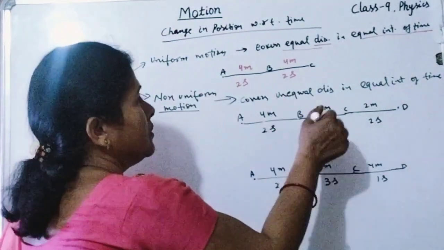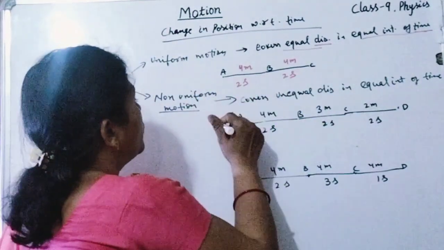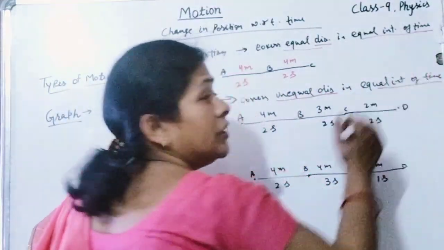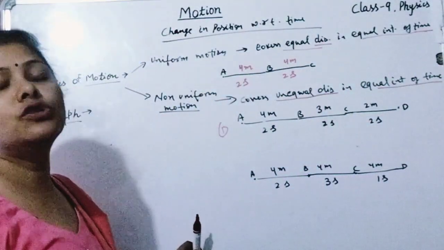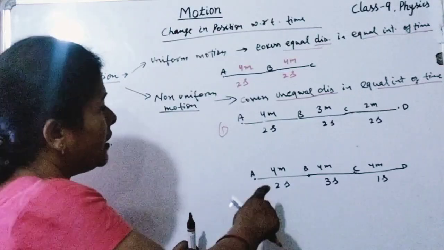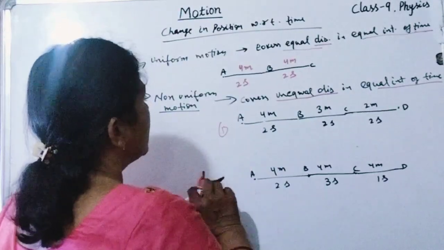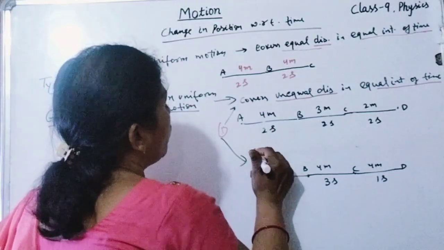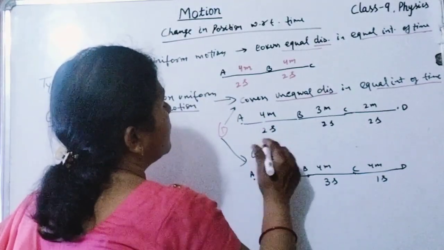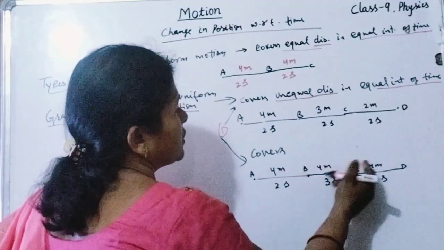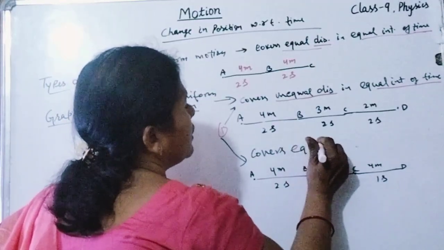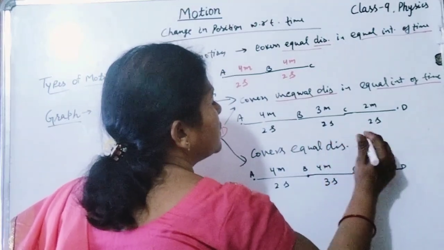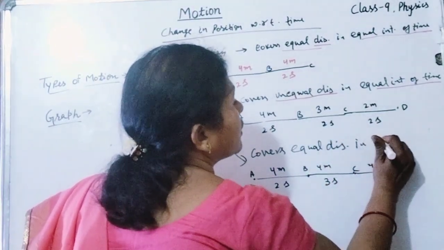In the second situation, you can see unequal distance in equal interval of time. So motion is non-uniform, right? Here, the second definition you can write like this: when an object covers equal distance in unequal interval of time.